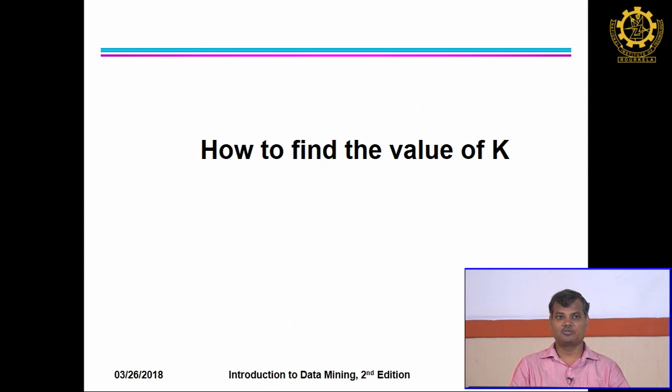But because we take away some samples for the holdout set, the size of the training set is reduced. So what is done is that we find the k value using cross validation.